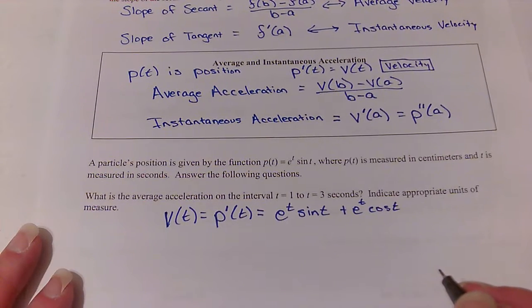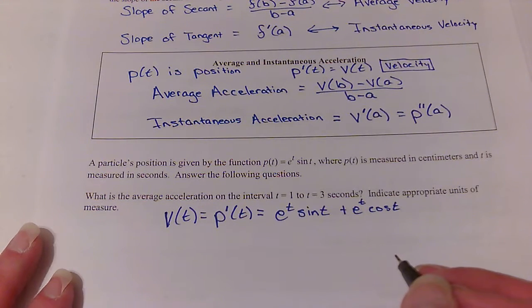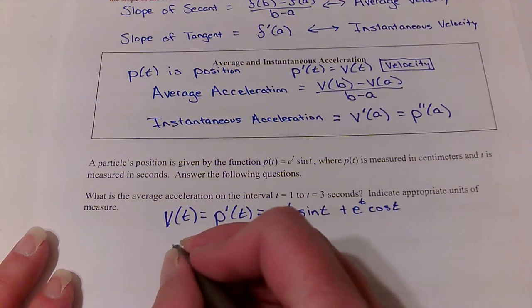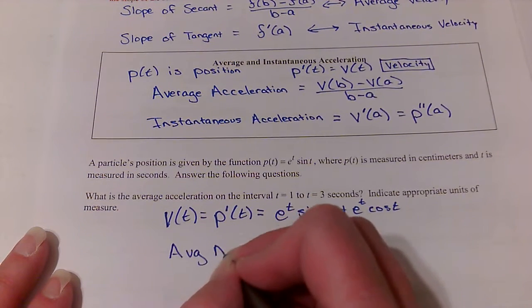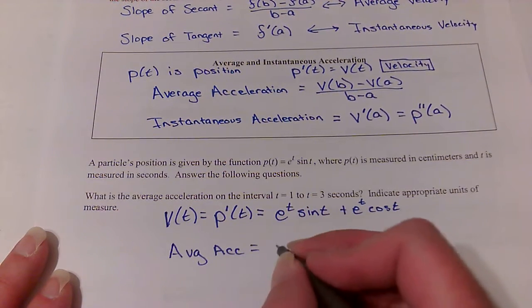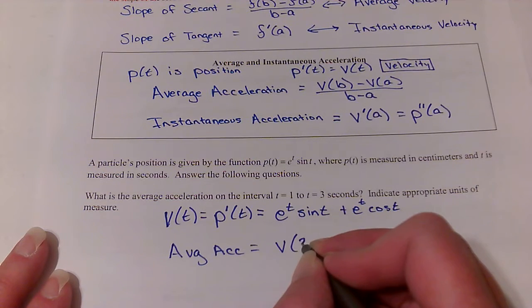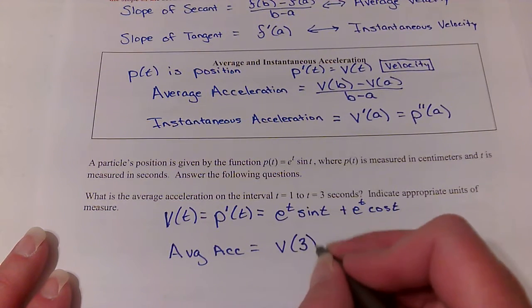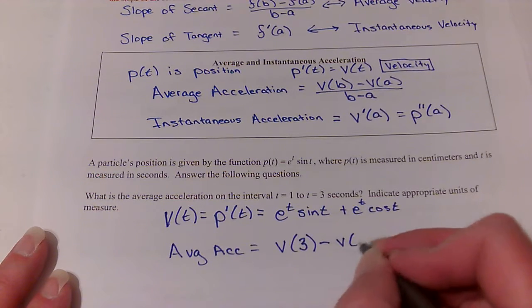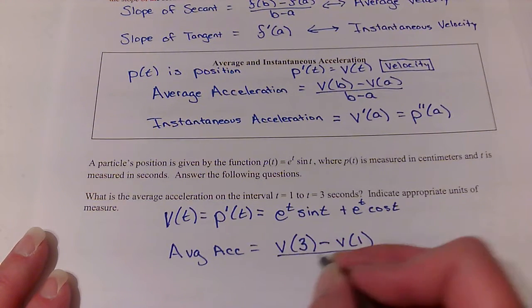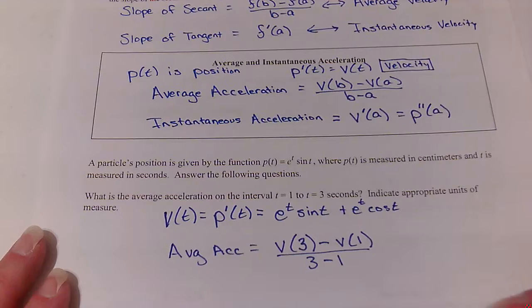So what would be average acceleration? Well, average acceleration would be the velocity at the end time minus the velocity at time 1 over the change in time.